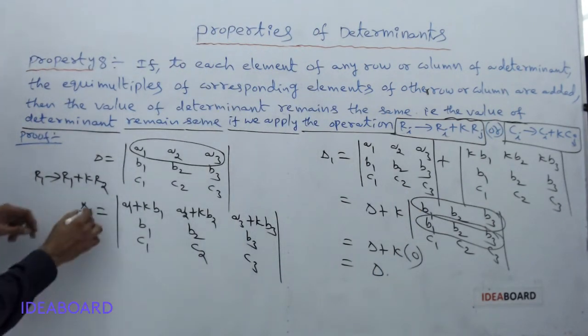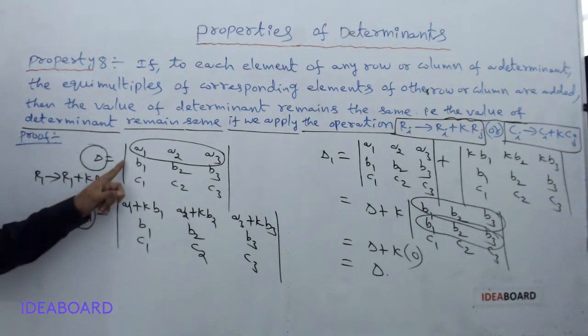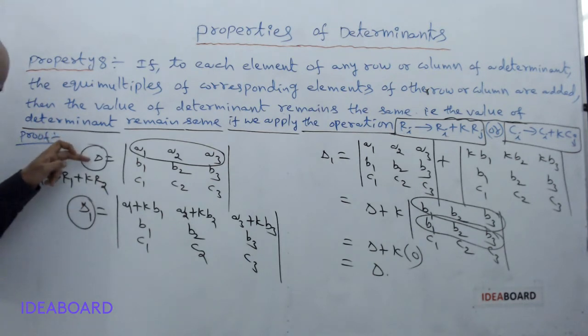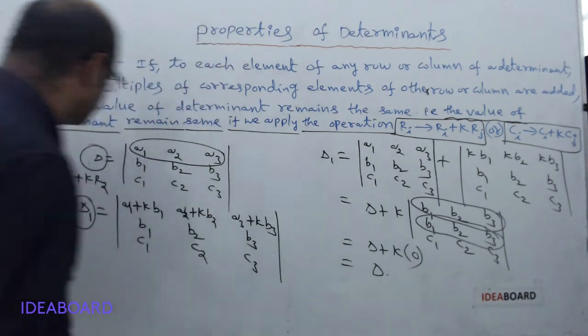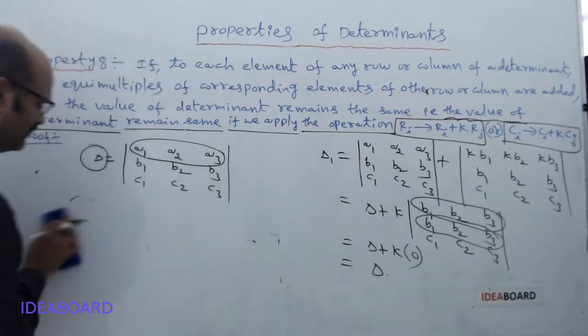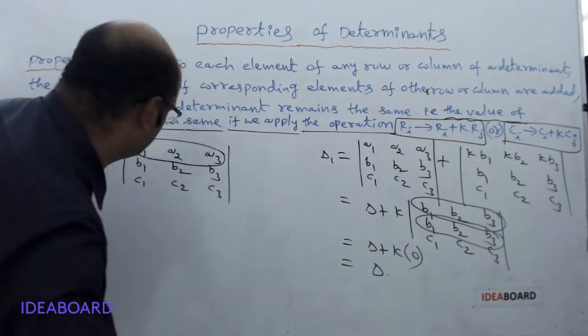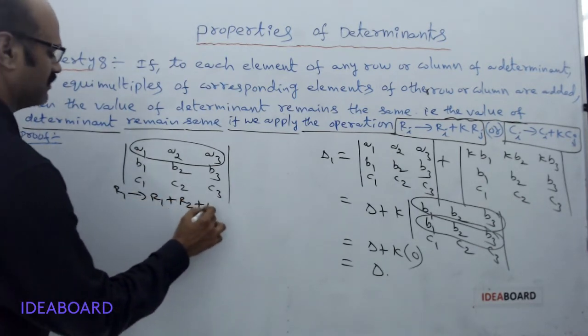Therefore, we are getting delta 1 equal to delta. So whenever you apply the operation R1 implies R1 plus K into R2, we get the new determinant, but the value of delta will always be equal to delta 1. Similarly, if you take the operation R1 implies R1 plus R2 plus R3.